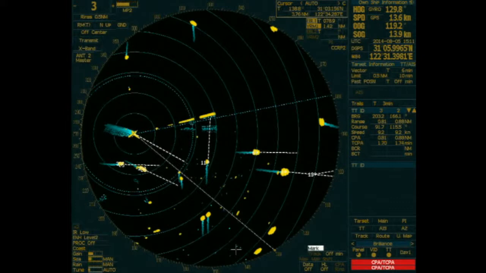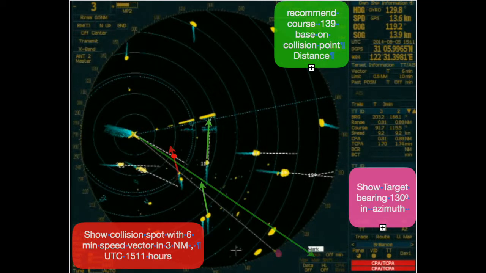Even if we lose the trace of the racon at close range, and many more ships are coming, how can the duty officer make correct decisions based on this confusing presentation on the radar picture?